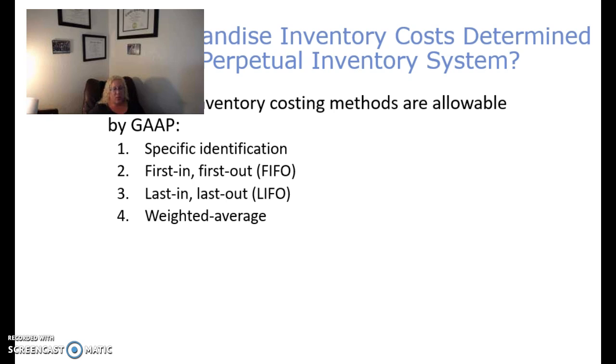So basically there are four approaches that are acceptable according to GAAP for computing the amount of dollars to assign in the ending inventory and to cost of goods sold. And so remember, this is a method of approximating the flow of inventory cost.